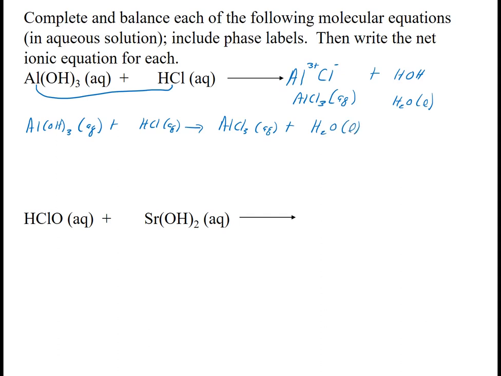I want to balance it like we did at the end of chapter 2. This is 1 aluminum, 1 aluminum. I've got 3 oxygens over here, and I've only got 1 oxygen over here, so I need to put a 3 here. I'm going to wait till hydrogens because hydrogen's here and here. So then I go to chloride. I have 1 chloride here, and I have 3 over here, so I put a 3 in front.